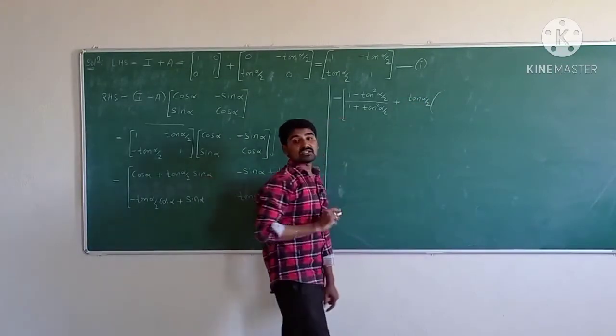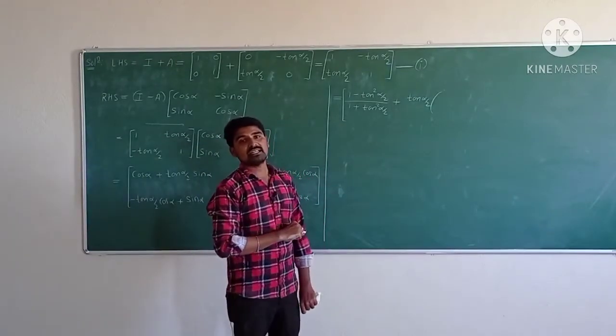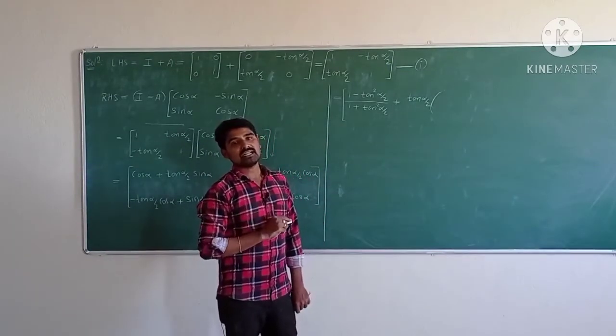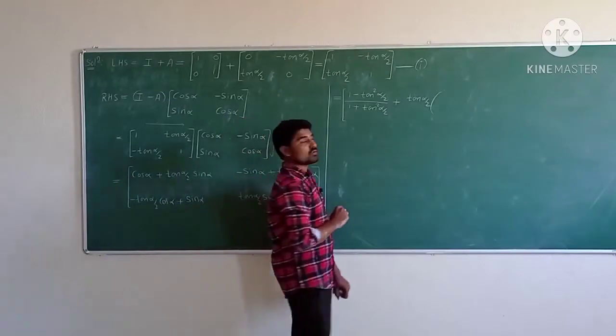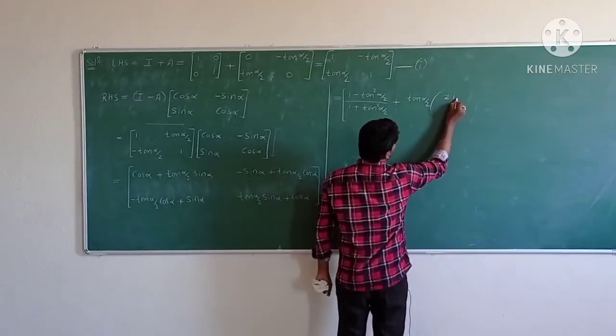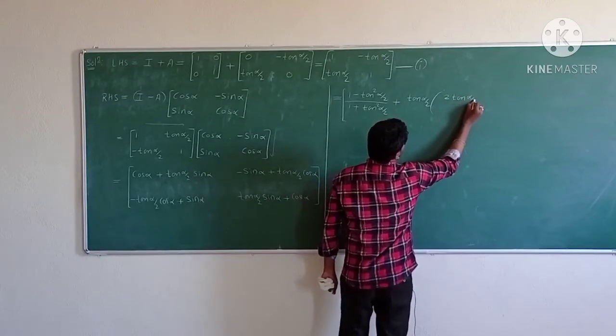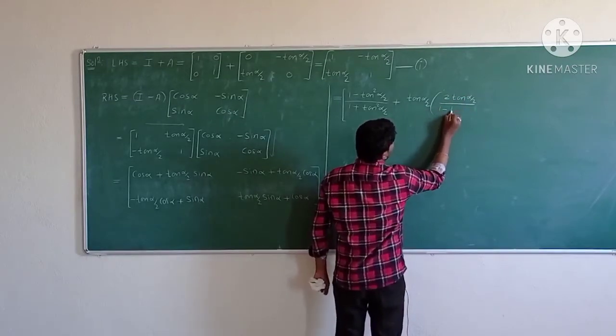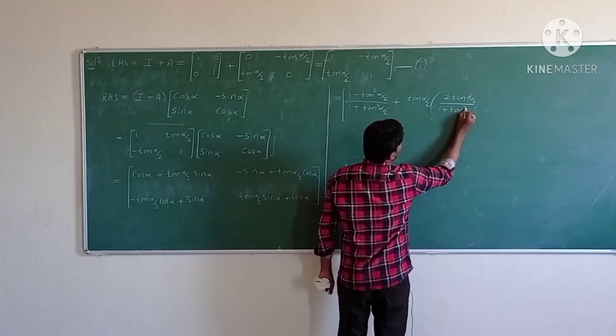And sin 2 theta in terms of tan theta, the formula is 2 tan theta divided by 1 plus tan square theta. So sin alpha is 2 tan alpha by 2 divided by 1 plus tan square alpha by 2.